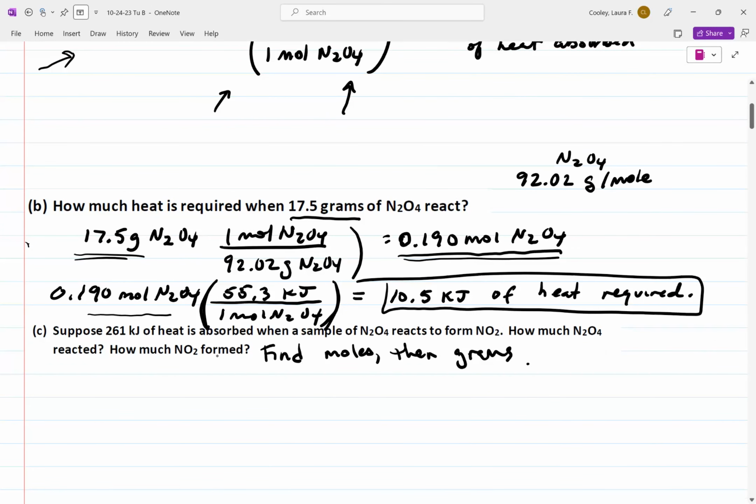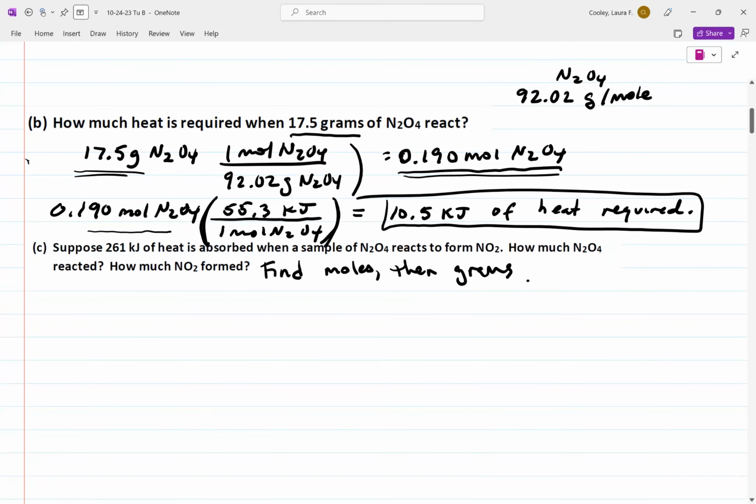Now this is a little bit different. Suppose that 261 kilojoules of heat is absorbed when this same reaction happens. How much must have reacted? Now we're going from the amount of heat absorbed to the amount that must have reacted.